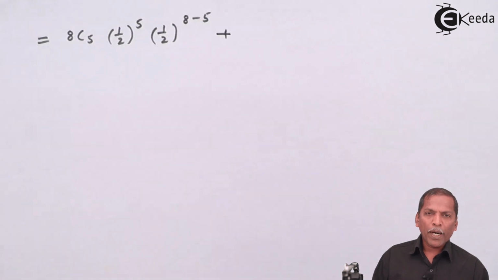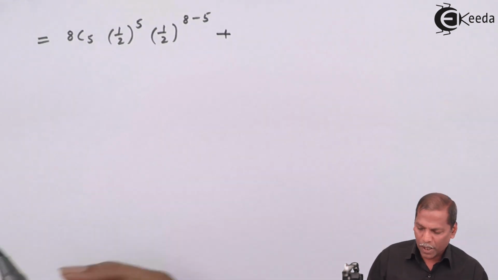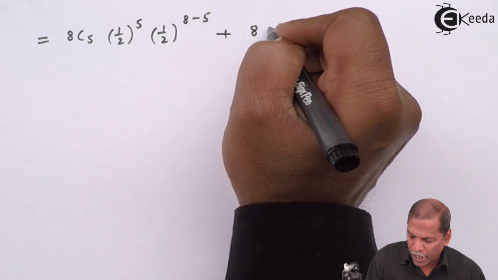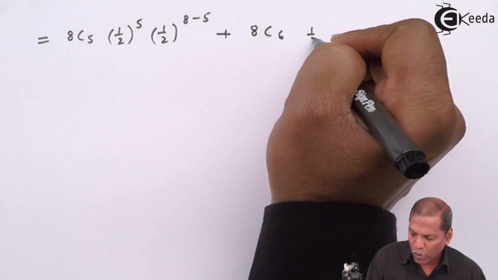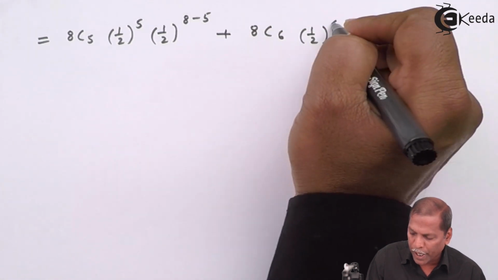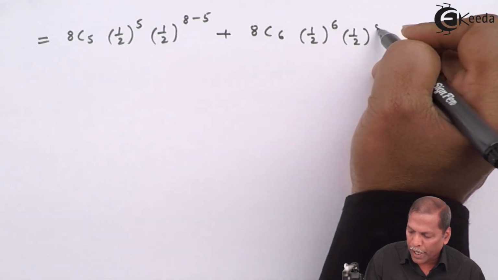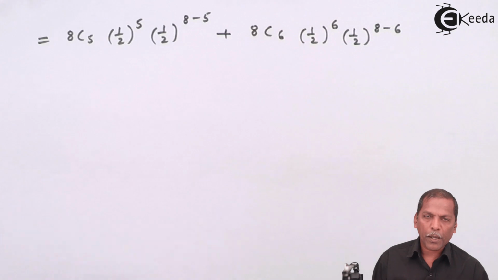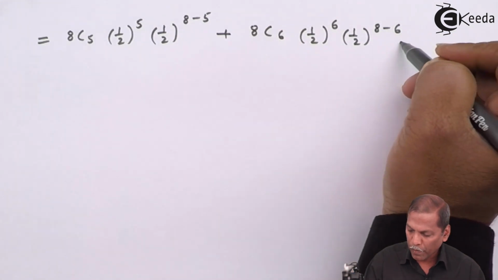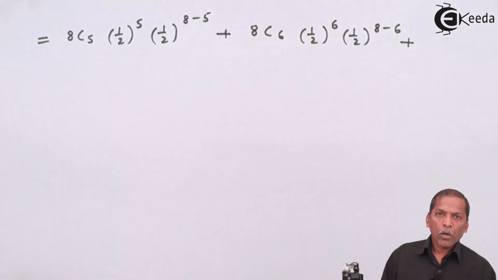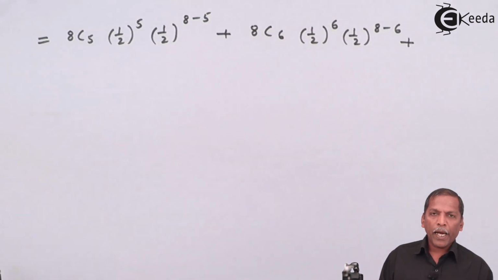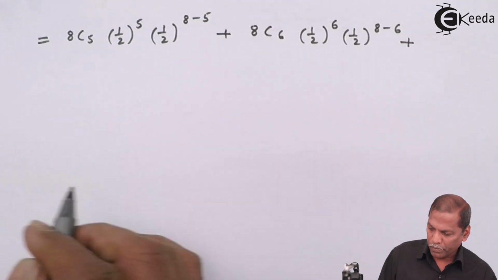Now we see probability x equal to 6. So 8C6 (1/2)^6 (1/2)^(8-6) plus. Now we see probability x equal to 7.